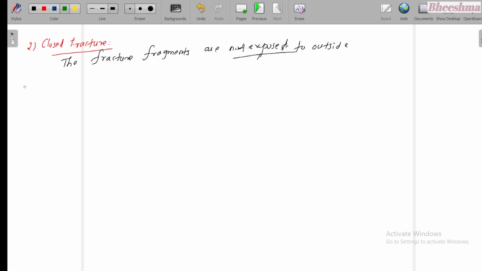Then next about based on the origin of fracture. First one is congenital. And the next one is acquired. First one about congenital.